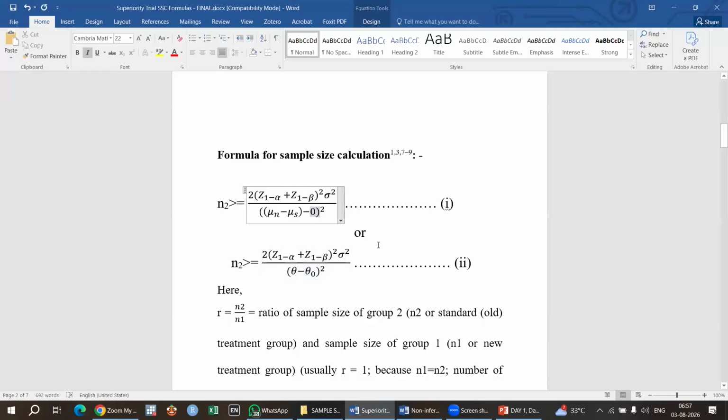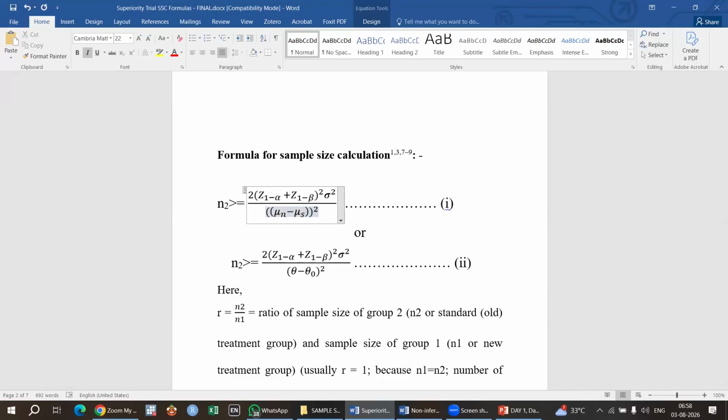There is no value of 0. So this is the formula. It is the formula of a randomized controlled trial, a similar formula, when we take the superiority margin as 0.